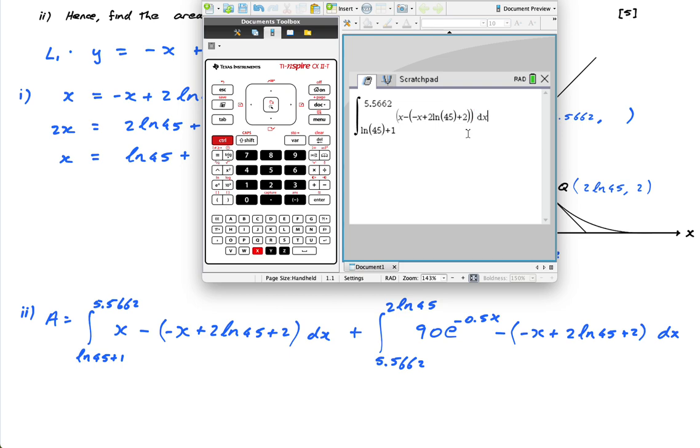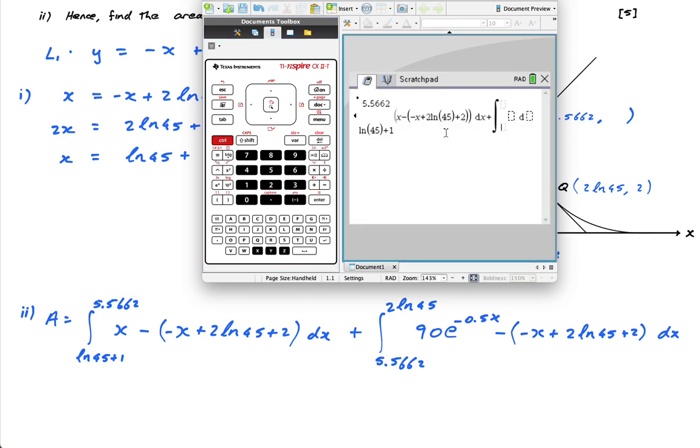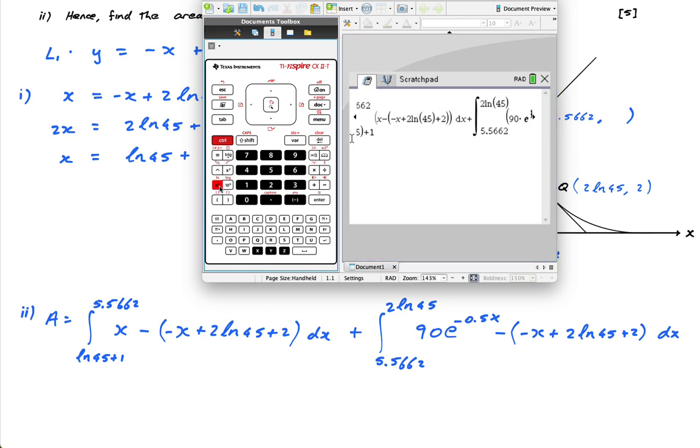That's the first one. Then I'm going to do plus another integral, menu, calculus, numerical integral. This time 5.5662 is the lower limit, and 2 ln of 45 is the upper limit. I have 90 times e to the negative 0.5x, minus another bracket, minus x.